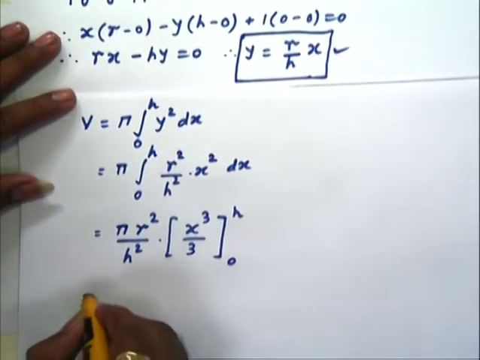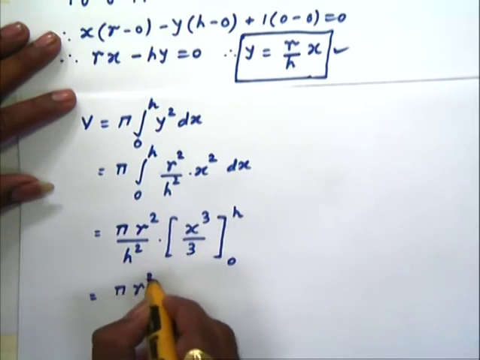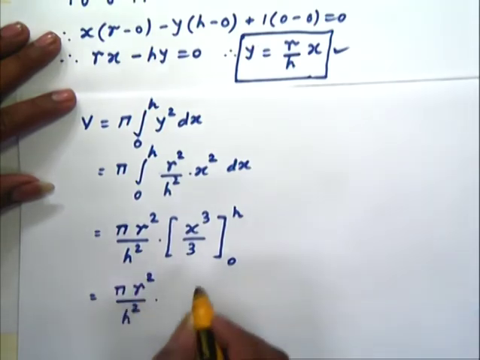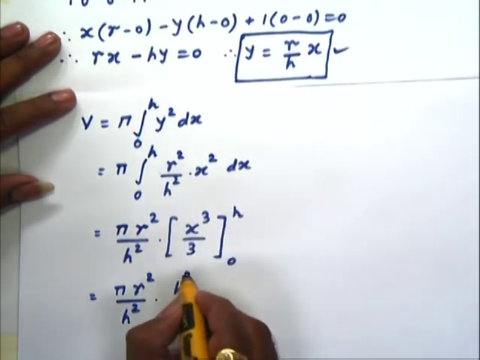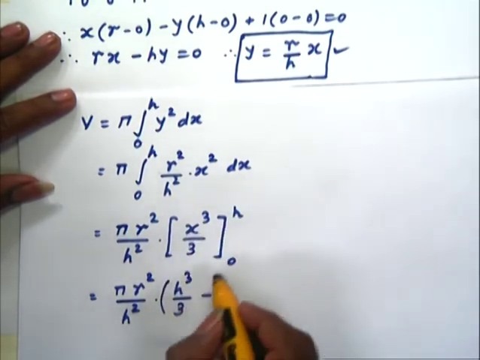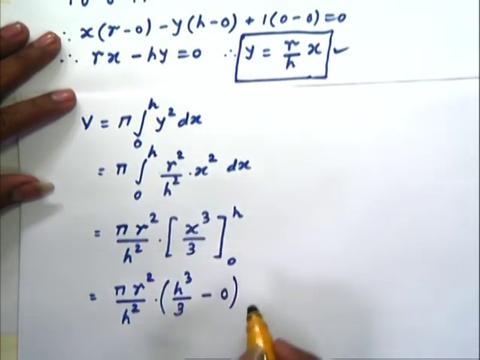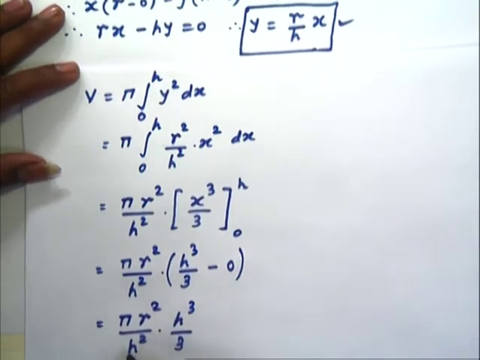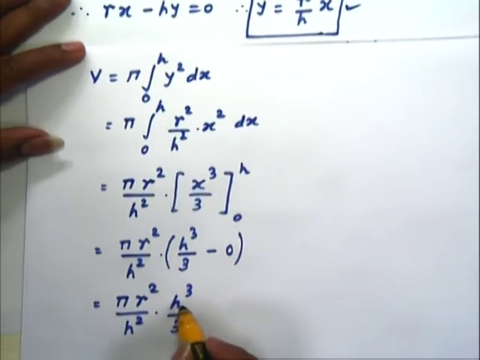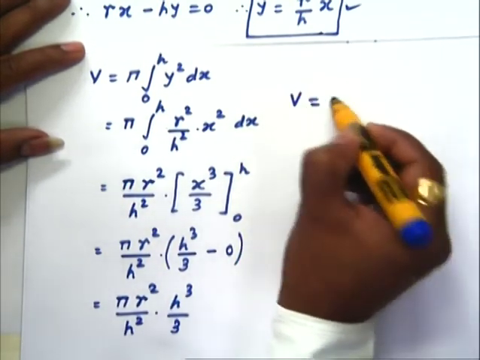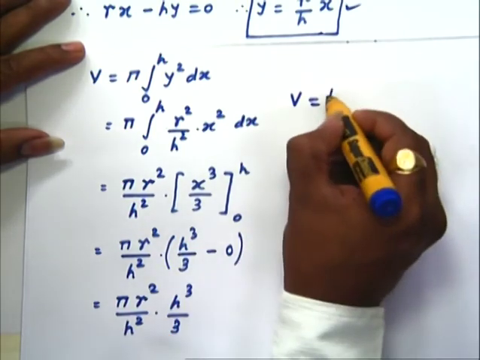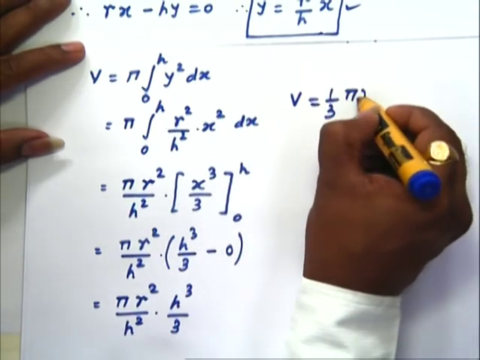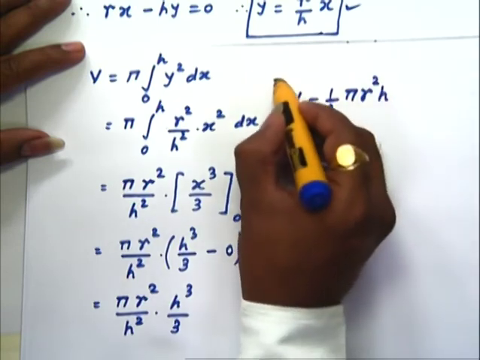Okay, so this is equal to pi r square upon h square, substitute here h, so h cube by 3 minus 0 cube by 3 is 0, so this is equal to pi r square upon h square into h cube by 3. Now you can cancel out h square and h cube, so our volume V equal to 1 by 3 pi r square h. This is our answer.